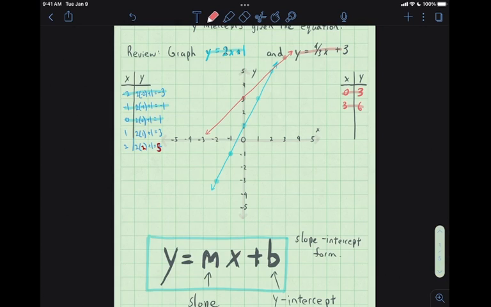Will it work? Did I make a mistake? 1, 2, 3, 4. 1, 2, 3. I'm feeling I made a mistake. My slope triangle isn't showing me the correct point. Ah, you're right, I did. Sorry about that. This should actually be a 7. So my line should be up here like that.